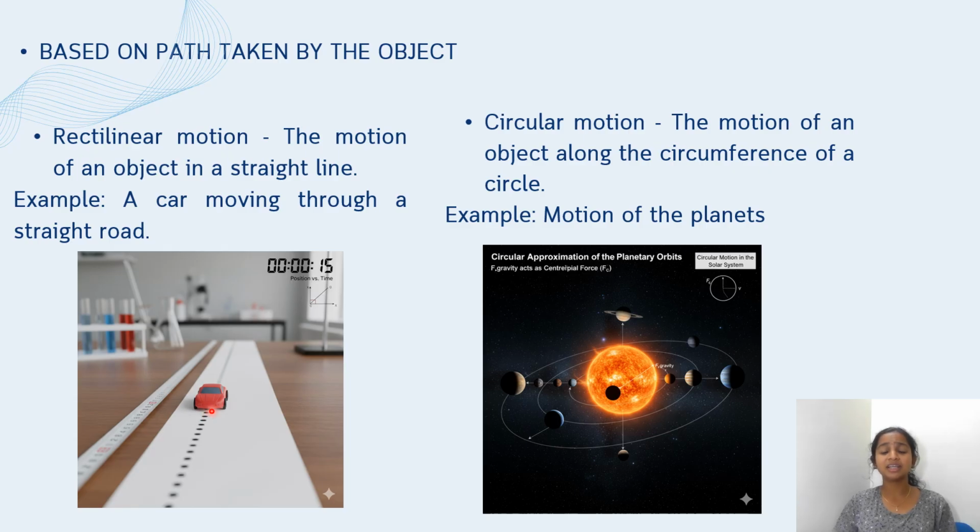Circular motion: if the object is traveling around the circumference of a circle, we can say that it is circular motion. So you can see here the planets. Planets are revolving in orbits, that is, along the circumference of a circle. So hence we can say that the motion of the planets is a circular motion.